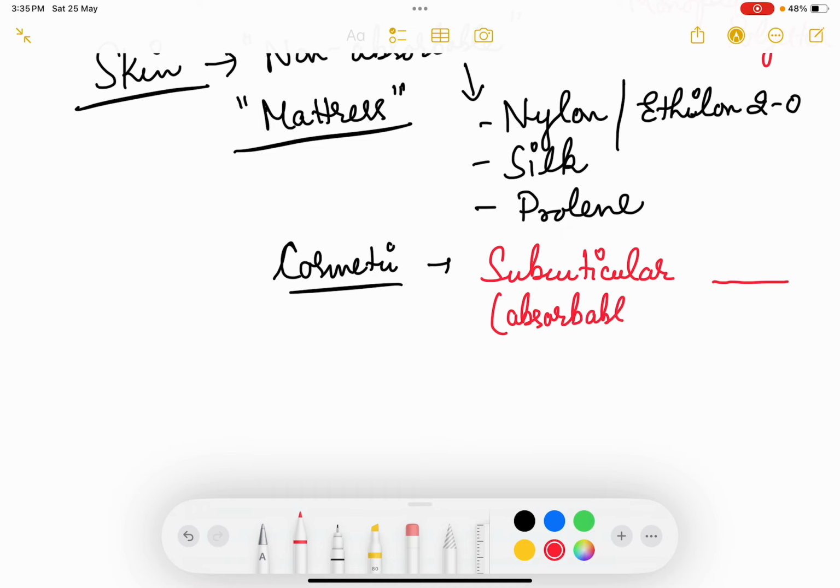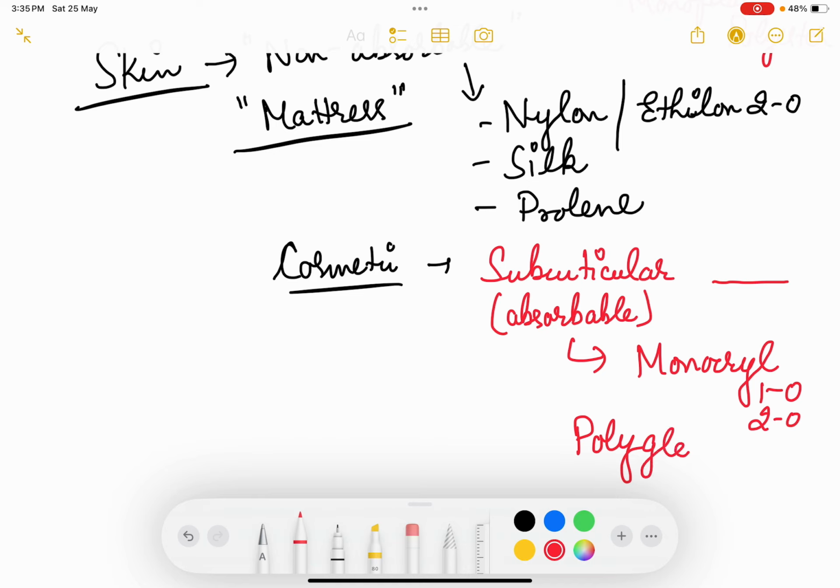The most common and most cosmetic suture is Monocryl, number 1-0 or 2-0. Monocryl is a poliglecaprone suture. It is a bit costly, but very cosmetic.